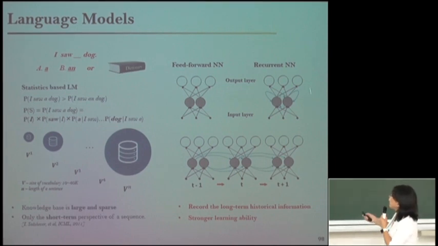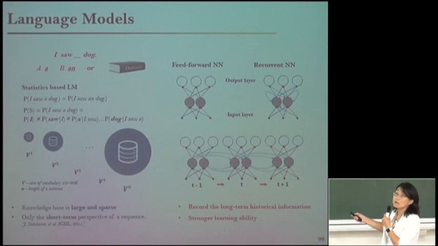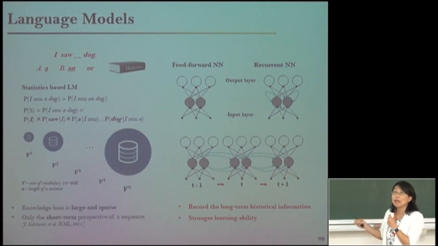For RNNs, the output of the hidden layer from the previous timestamp will be sent back and used for calculation of the following timestamp, from t to t plus 1. So you can see this represents a connection to the hidden layer itself. It indicates the hidden layer can be used to maintain information in the time domain.